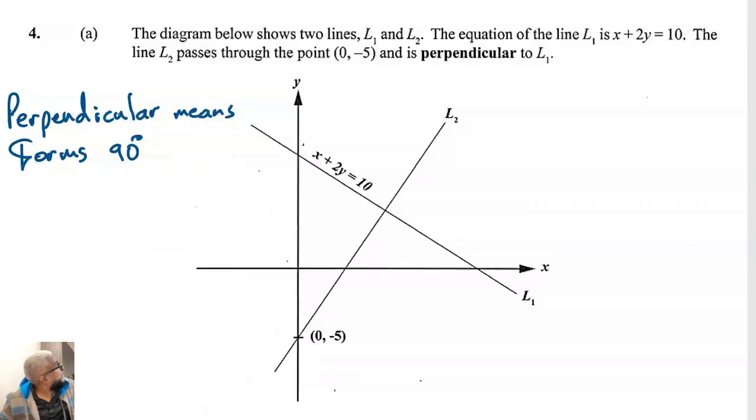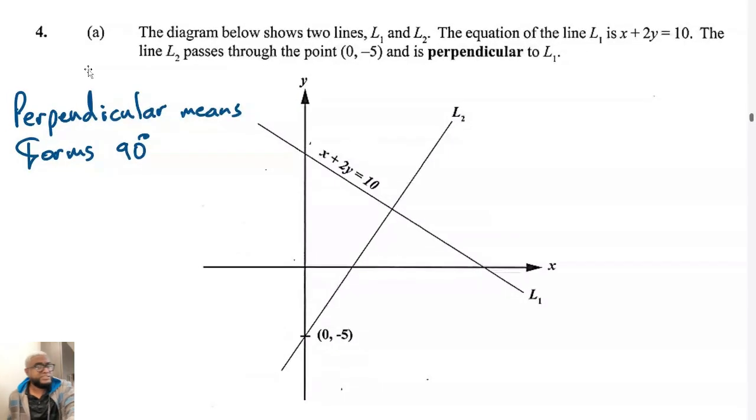Okay, wait, I realize I'm off the screen there, right? Pull back. Right. So those two lines form 90 degrees, right? So I can put a 90-degree angle here because they're perpendicular.